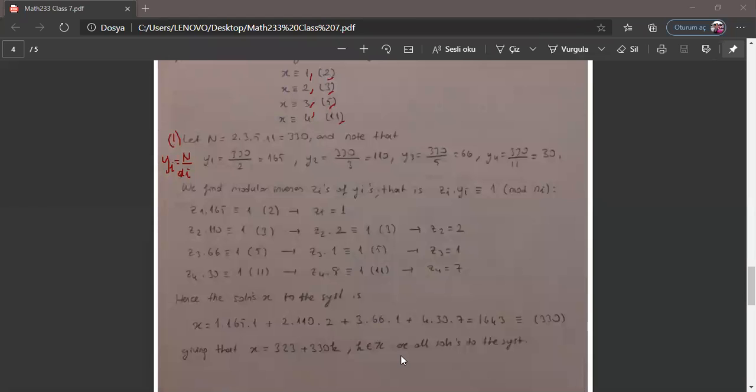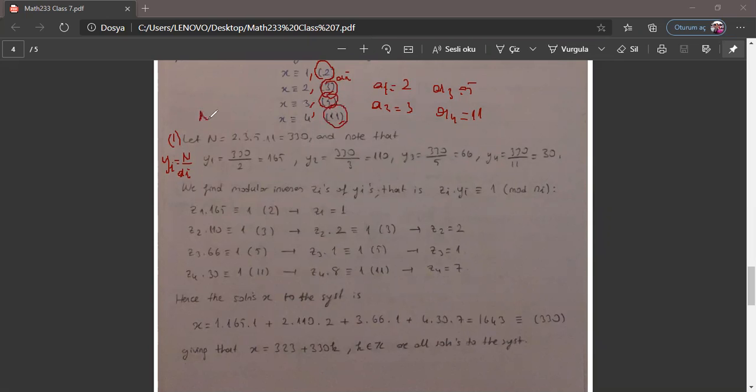The a1 is 2, a2 is 3, a3 is 5, and a4 is 11. These are the ai's, these ones.